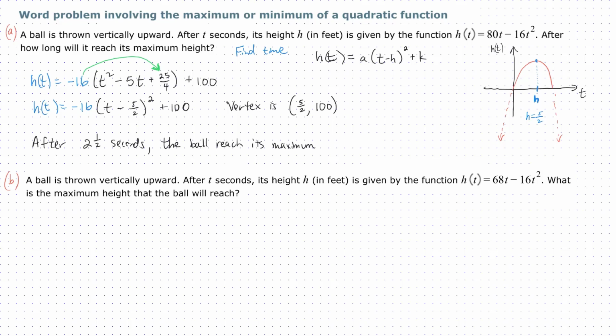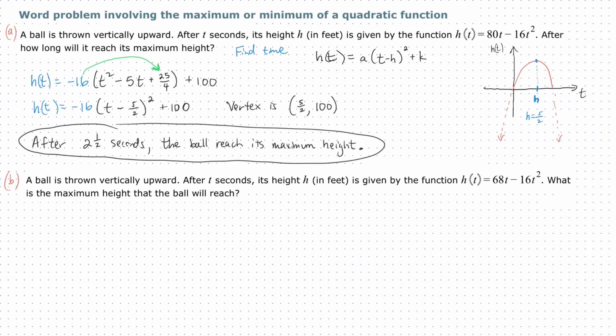Now it turns out the maximum height here is 100 feet, but it doesn't say we need to mention that. So it just says we need to mention the 2 1/2 seconds. And there's the final answer. Make sure you show your work. Make sure you show the process of completing the square.